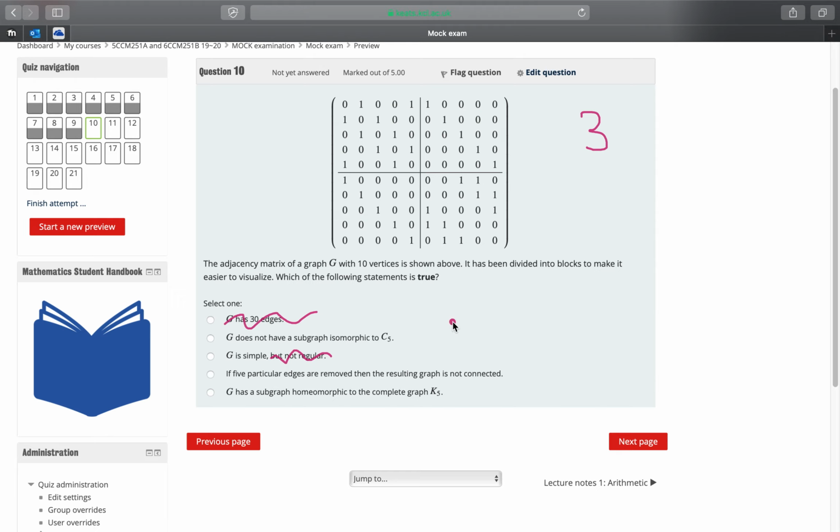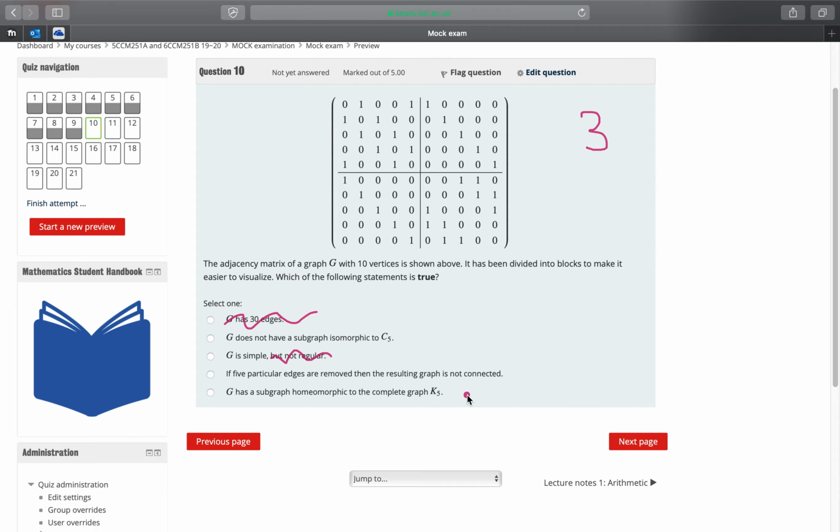Now, what's left here? Can we try and narrow this down without doing absolutely everything? Well, I would say that the last one is probably the easiest to dispense with, because the complete graph K5, which I already drew in this talk, has all vertices of degree 4.